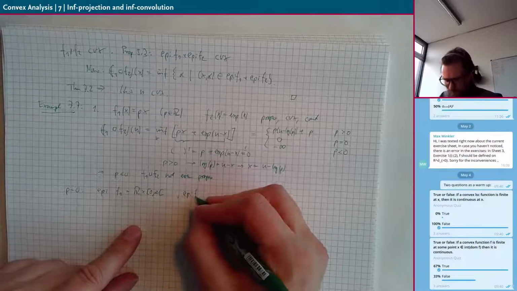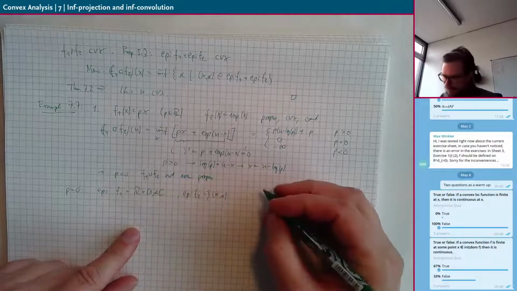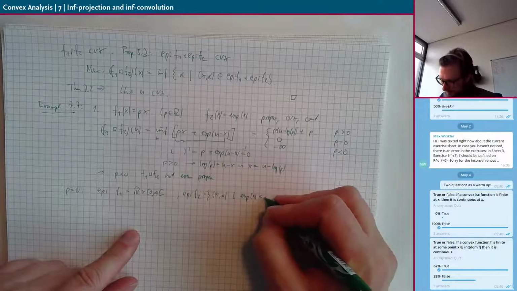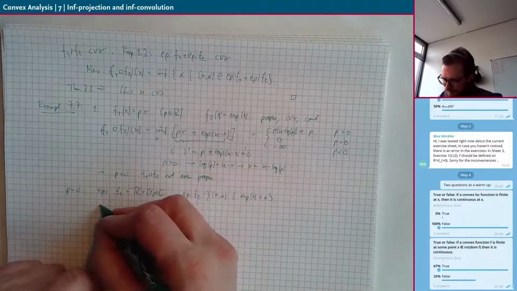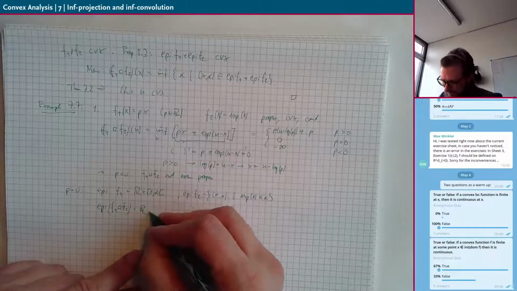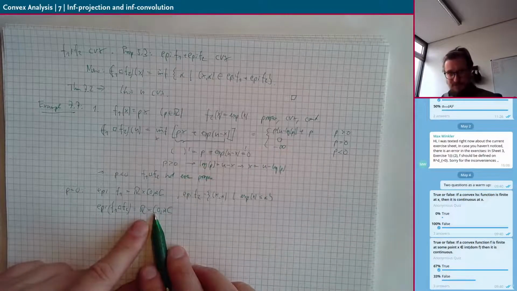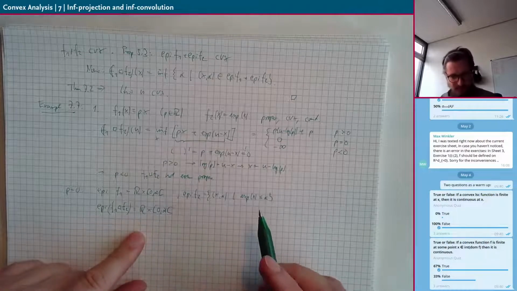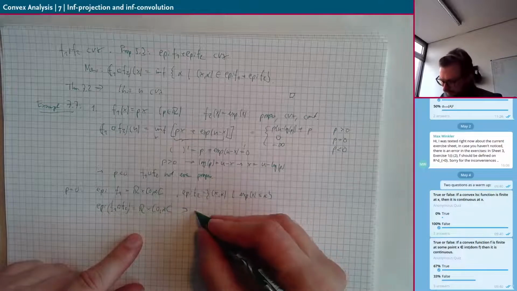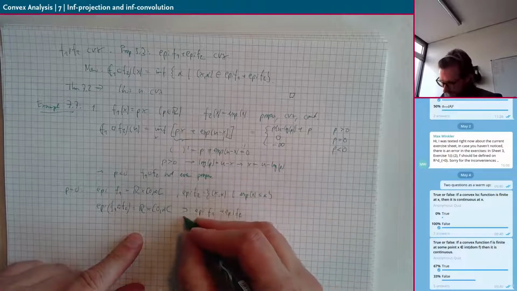The epigraph of f2 is just what it is: the tuples x and alpha such that exp of x is smaller or equal to alpha. And the epigraph of the inf-convolution in this case is again the same thing as here, because it's a constant zero function. But this is a superset of the addition of the epigraphs. And it's not the same.